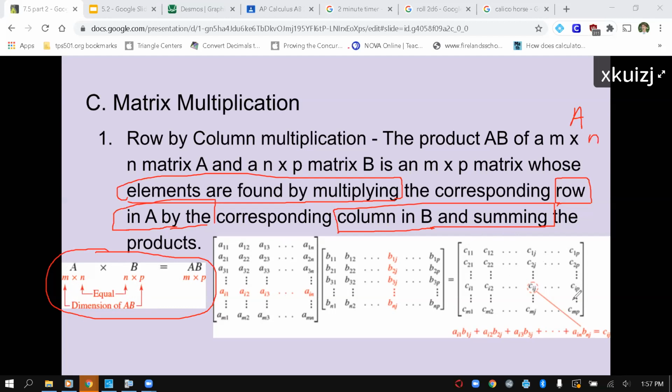To find what goes in that matrix, like if I want to find out what this element is right here, I take the row that it's in A, and I multiply it by the column that it's in B. The first A times the first B, plus the second A times the second B, plus the third A times the third B, and so on and so forth.